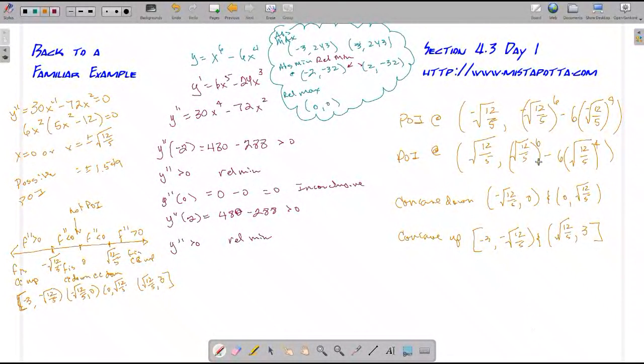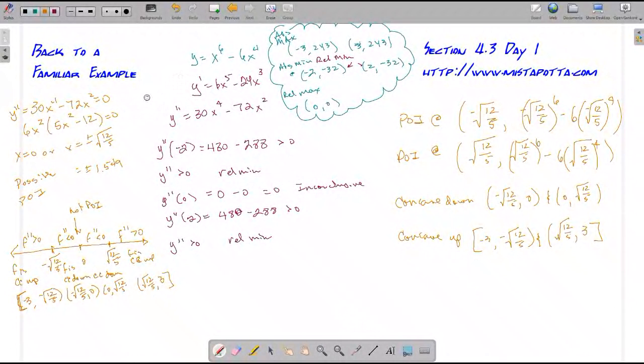So I have a lot of knowledge about the situation of my graph here. Because of these intervals where I'm concave up and where I'm concave down, I can actually come up and say something about my graph here.